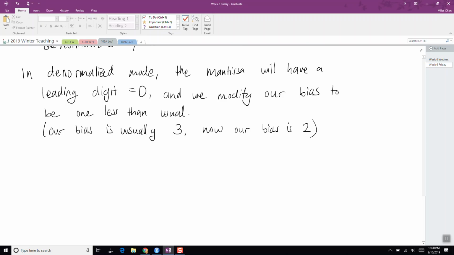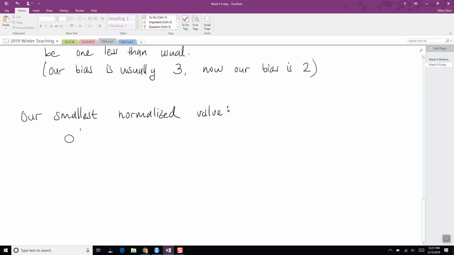Okay, and the reason why is because if we think about our smallest normalized value, it will be 0, 0, 0, 1, 0, 0, 0, 0, okay? And so here our exponent is equal to 1 minus 3 equal to -2.